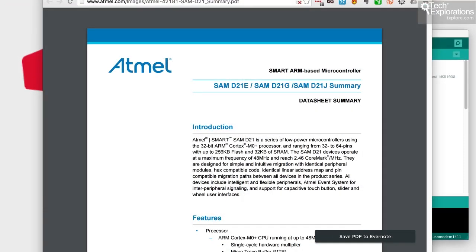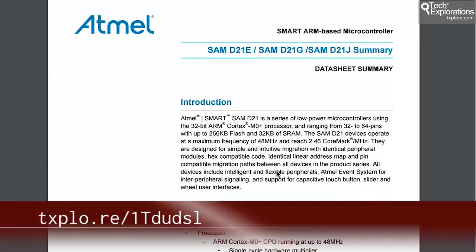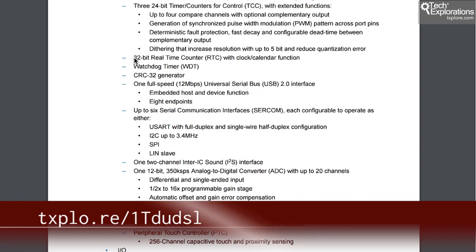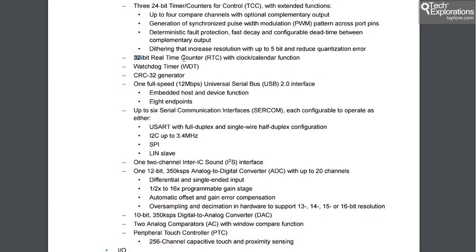Hi! In this lecture, I'd like to talk about the real-time counter that is available inside the SAMD microcontroller that goes with the Arduino Zero. Having a look at the SAMD microcontroller datasheet, you can see on the second page that there is a 32-bit real-time counter with clock calendar function feature.